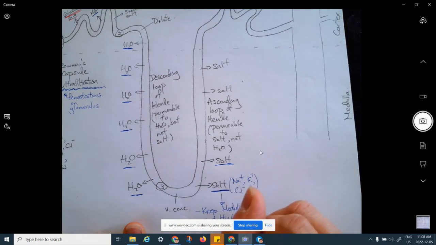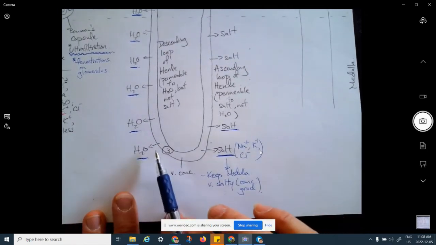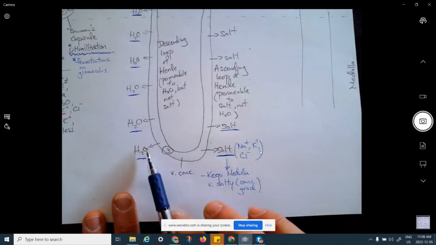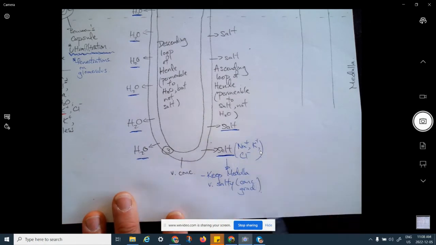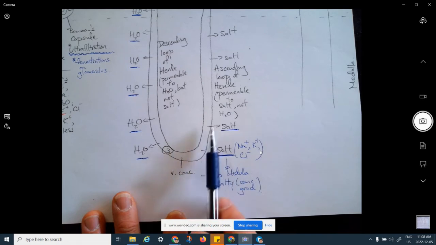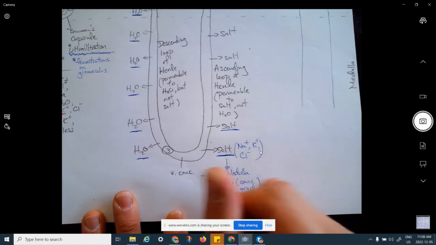It keeps the medulla very salty and maintaining that concentration gradient. After all, water has to get out of here by passive transport. So the tissue must have quite a bit of salt. So by the fact that the salt is leaving here, it keeps the medulla very salty.